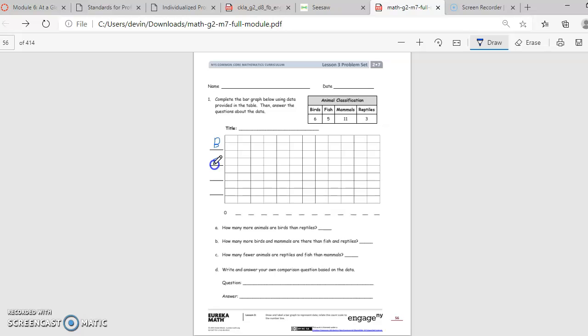Then on the side here we have to label what we are graphing. And the 4 categories in the table are birds, fish, mammals, and reptiles. So please write all of those on these 4 lines.